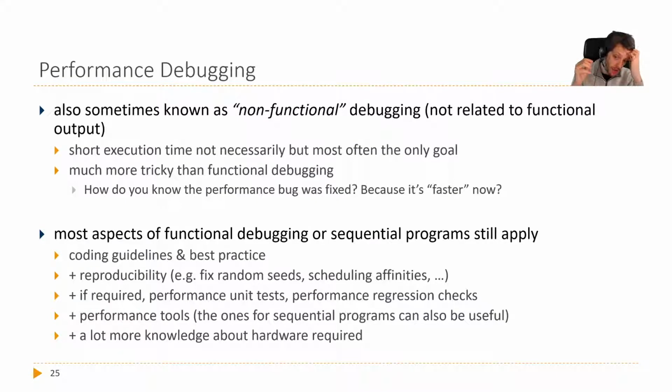If required, you could even have performance unit tests, for example, and performance regression checks. So you can have tools where you write tests, and for every test you add the information: this should run on your known CI hardware in about 5 seconds. If it takes at least a factor of 2 longer than that, you should raise a flag and send everybody an email, for example.